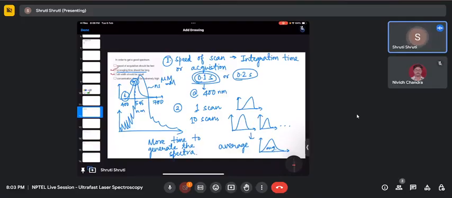But in order to change the path length by 3 microns, we need to move the retroreflector by 1.5 microns, because the light is hitting the retroreflector and then coming back.